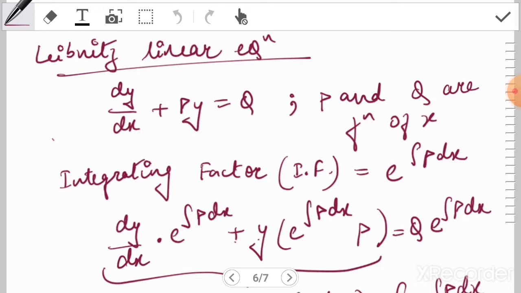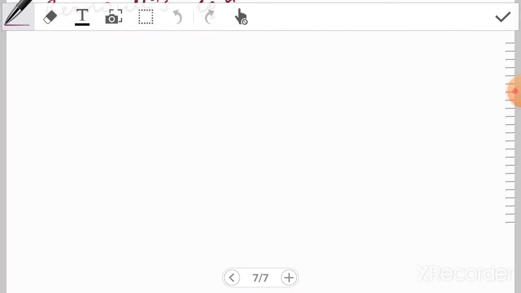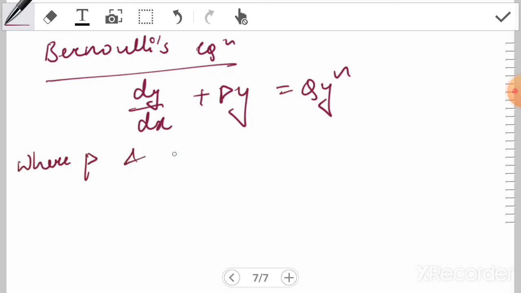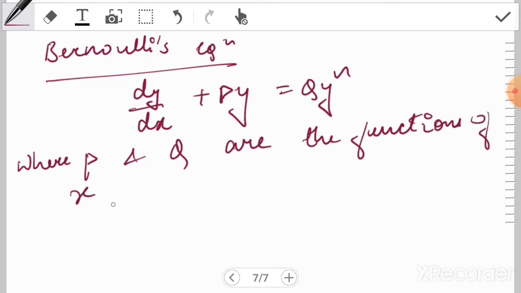Now Bernoulli's equation: if we have an equation of the form dy by dx plus py equals q y raised to the power n, where p and q are functions of x, this form can be reduced to the Leibniz linear form and is called Bernoulli's equation.